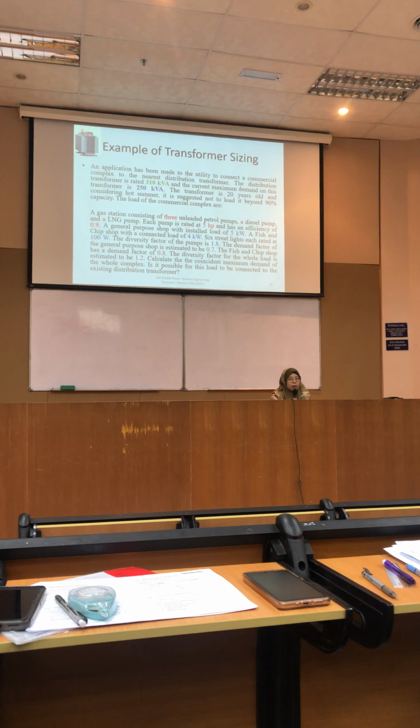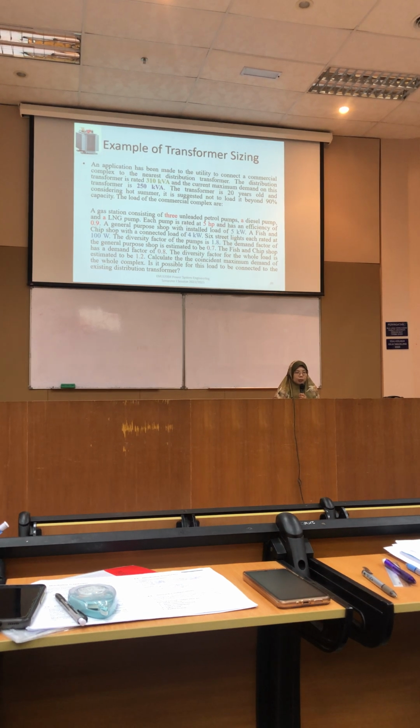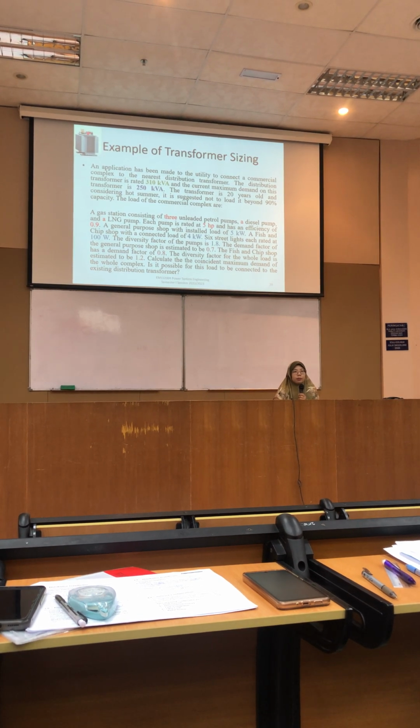Diversity factor is 1.8, demand factor is 0.7, fish and chip shop 0.8, diversity factor of the whole load is 1.2. So we are going to calculate the coincident maximum demand of the whole complex, and we want to make sure whether it is possible for this commercial complex to be connected to the existing distribution transformer.